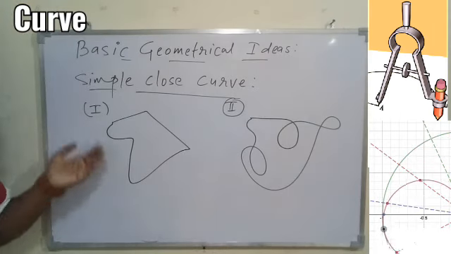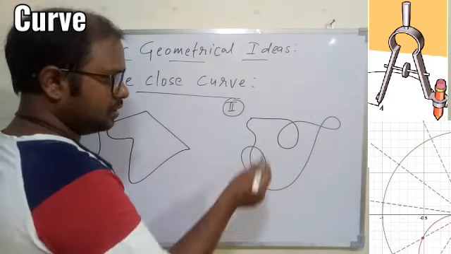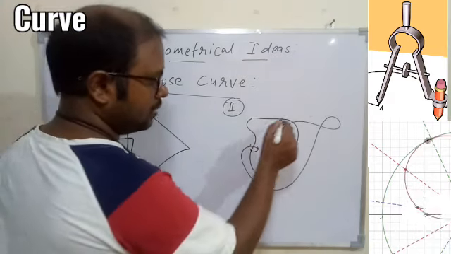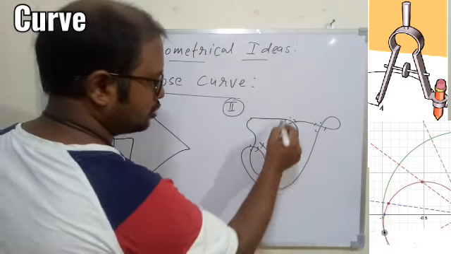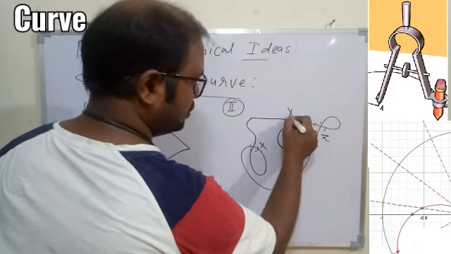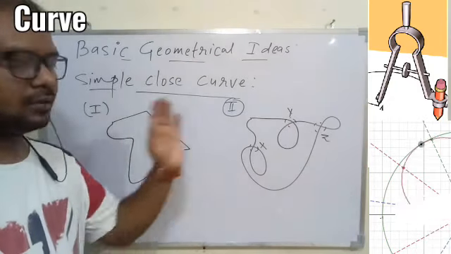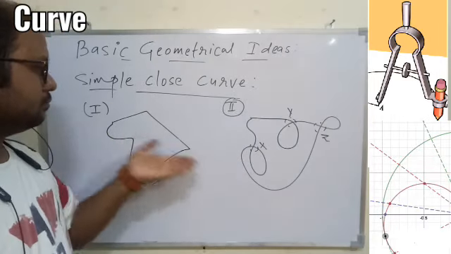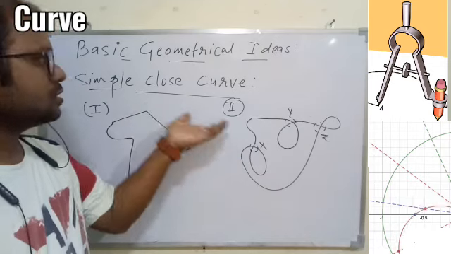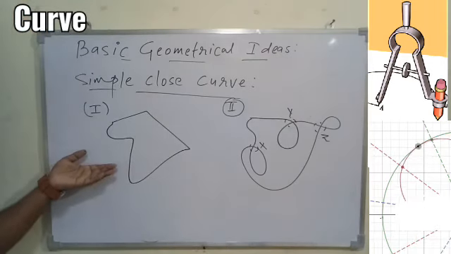But again you see the difference. In this curve, the line is not crossing anywhere. But you see in this particular diagram, the line is crossing here, here, and here. If I give the names x, y, z, there are three points at which the curve is crossing, and that curve is a non-simple closed curve, and this curve is called a simple closed curve.